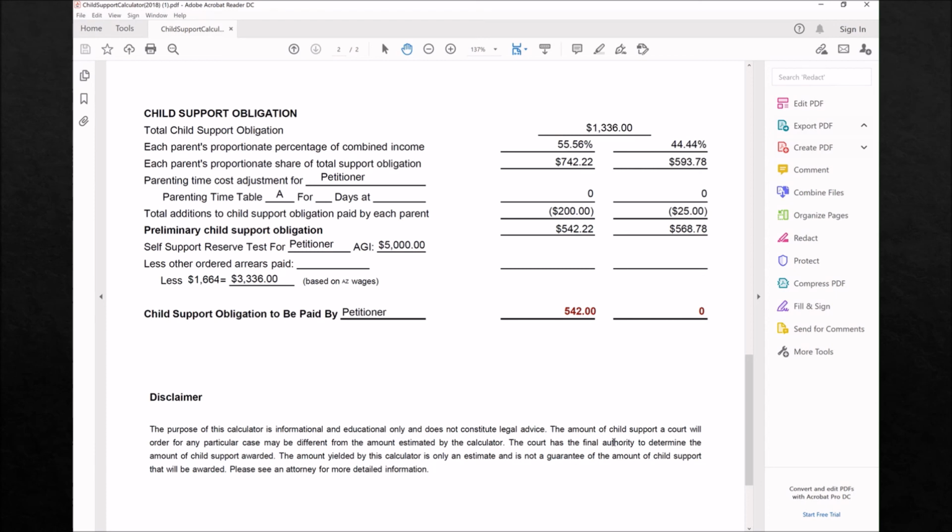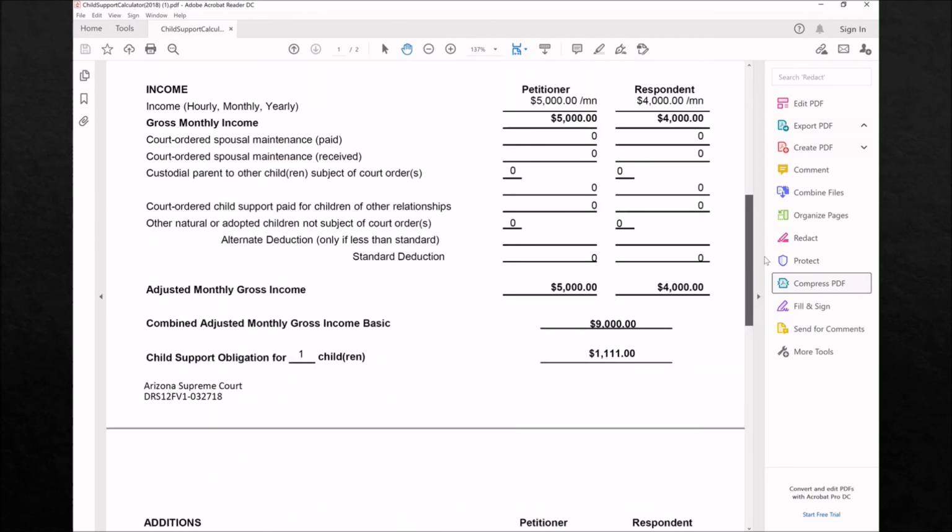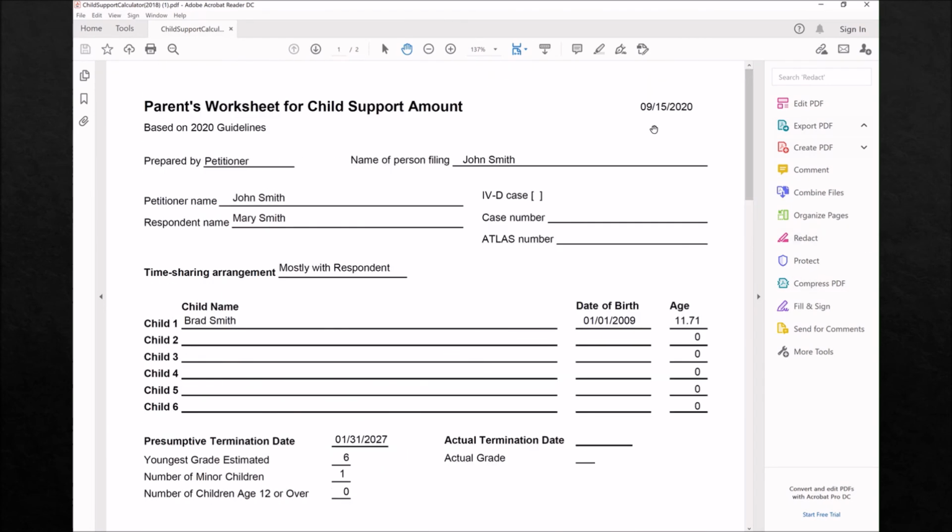Normally, if both parents cannot agree on the numbers, they can submit their own versions of this PDF, and the judge will then decide whose child support worksheet makes more sense, or whose proposal makes more sense, or maybe something completely different makes more sense. So this is the Arizona child support calculator.